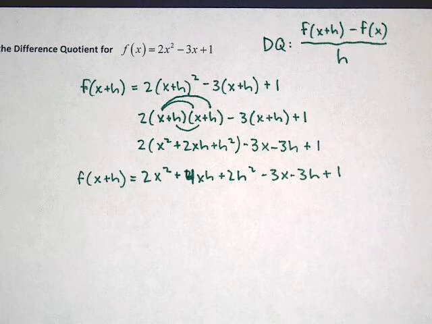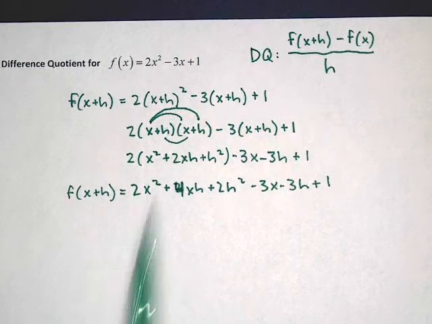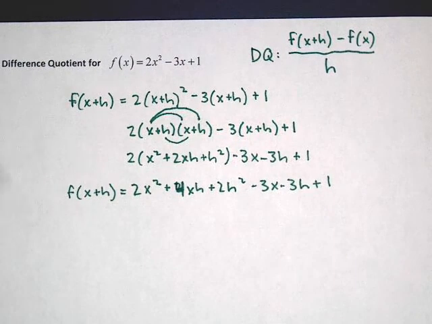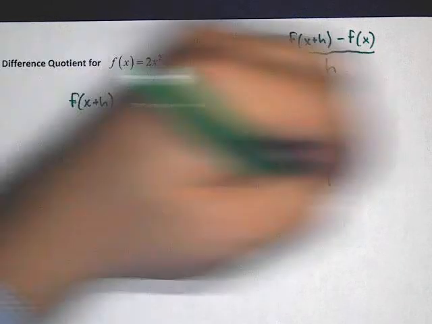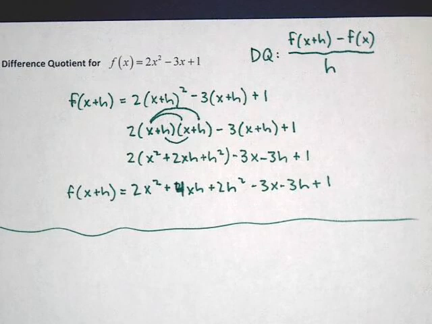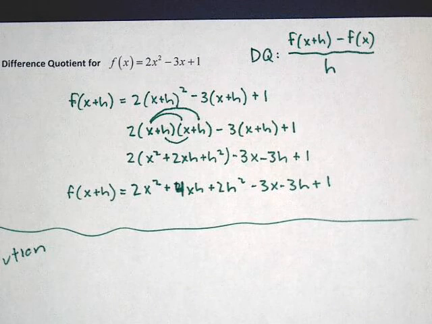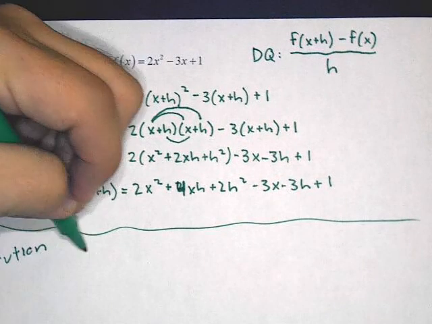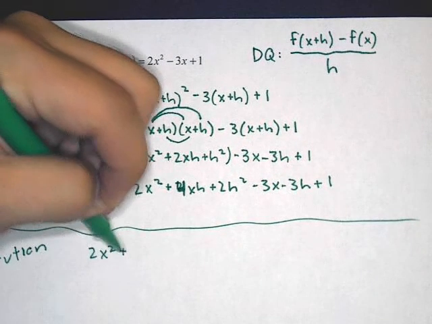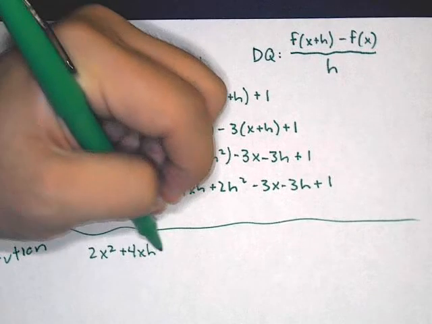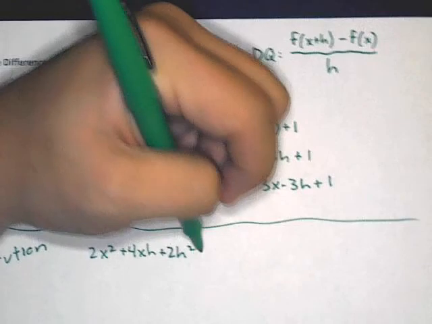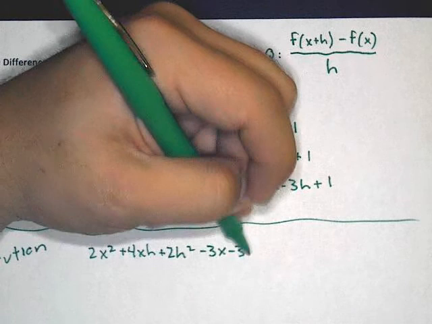So now, again, we look back up at the top. We know that this is the first piece, so I'm going to rewrite all of this. Okay, this was the f of x plus h. Now it's the substitution part. We have 2x squared plus 4xh plus 2h squared minus 3x minus 3h plus 1.